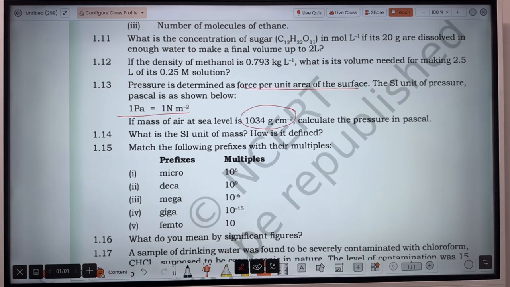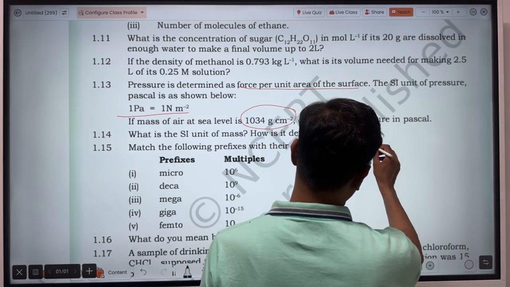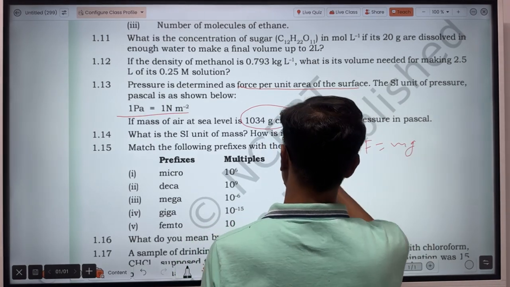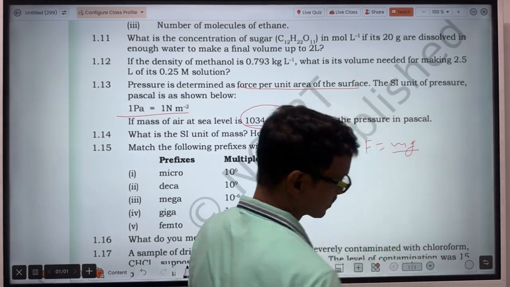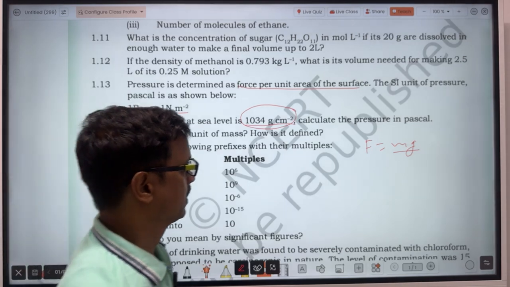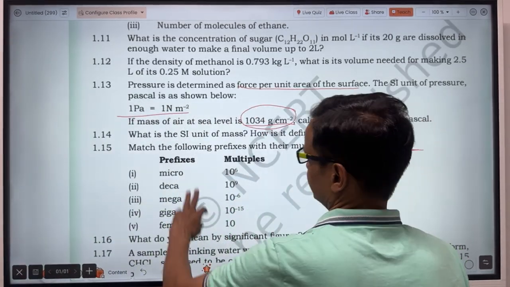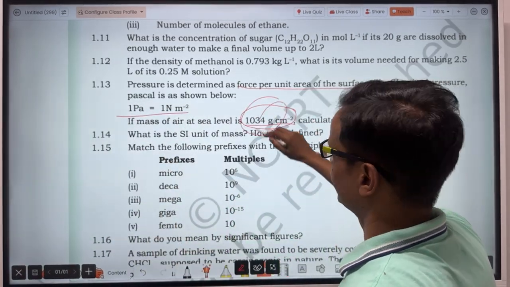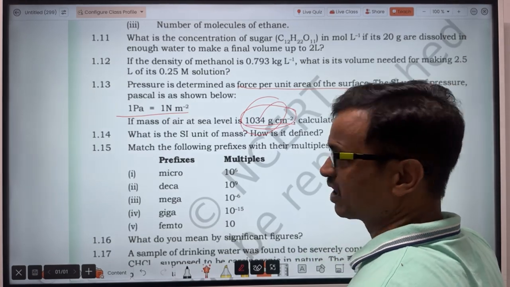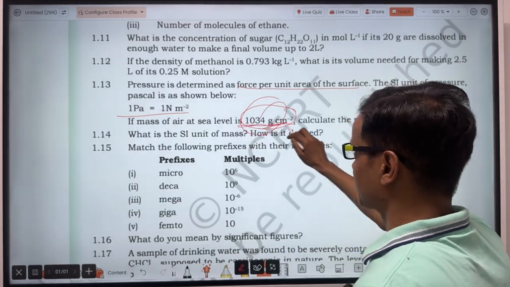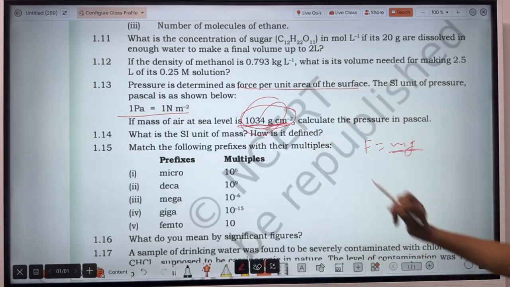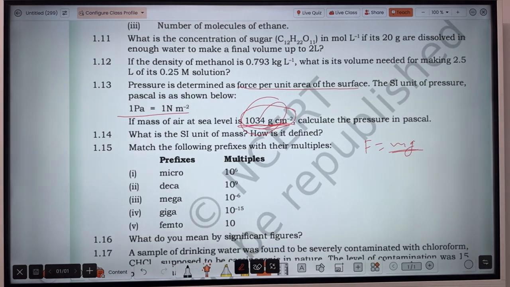Then pressure will be force, mg, that is mass you calculate into acceleration due to gravity, upon area. Area is already given and will remain the same. Mass per unit area is given in gram per centimeter square. You have to calculate mass per area in terms of kg per meter square.